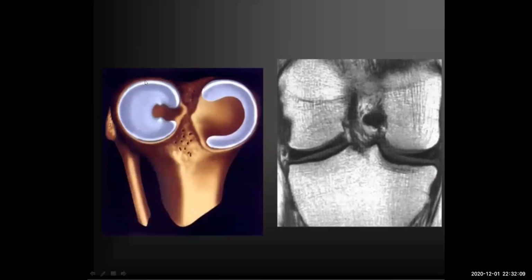It's not normal. This is a thicker meniscus with an abnormal shape. That is to say, this is a discoid meniscus.